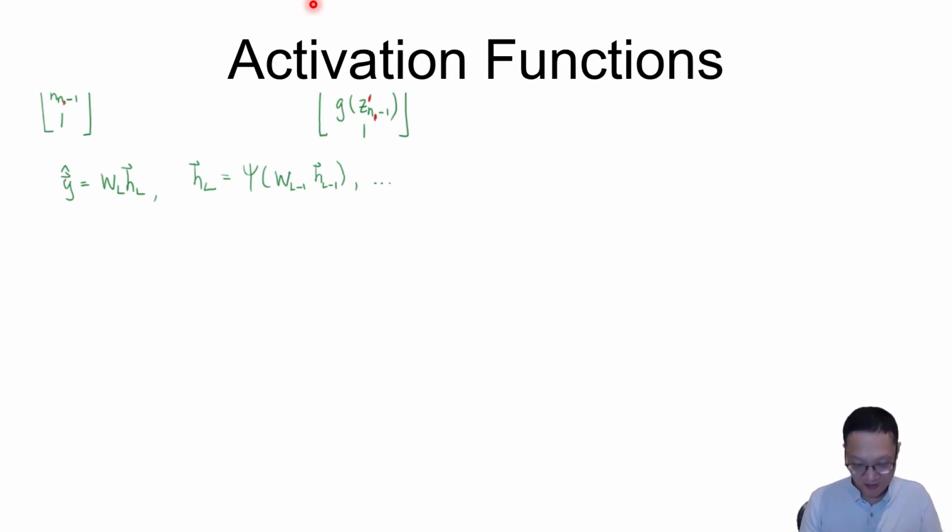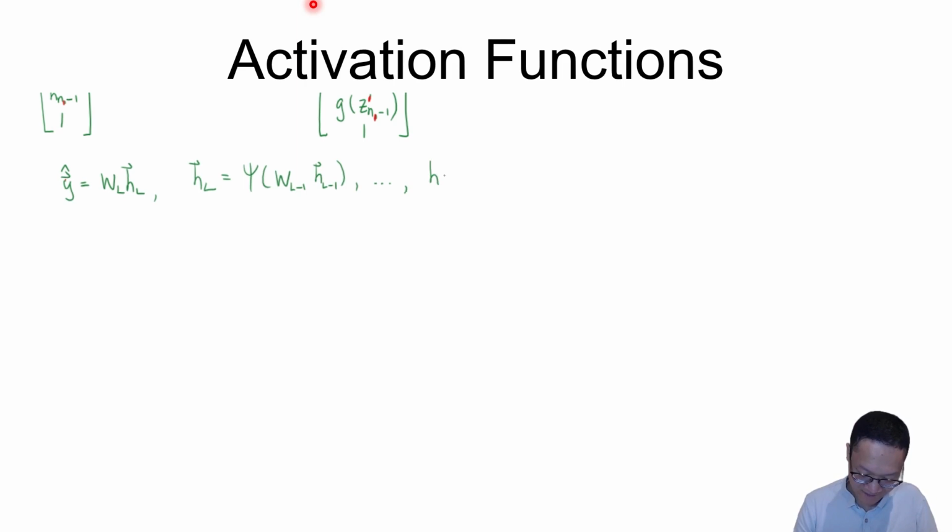I'm going to do it a little more simply here, and I'm not going to explicitly write down the row of ones, so I won't be writing down the biases, but if you have biases, it's basically the same thing. We'll see that on the slides later.